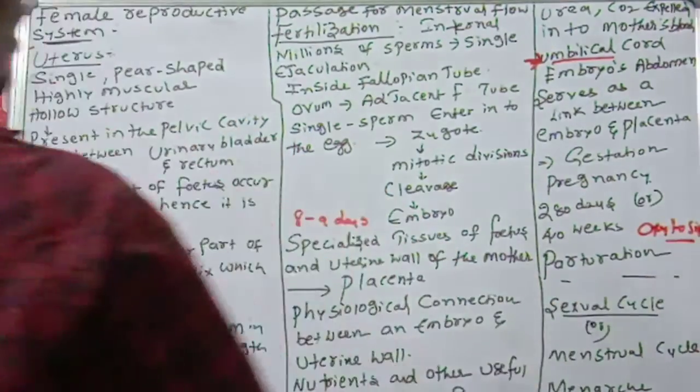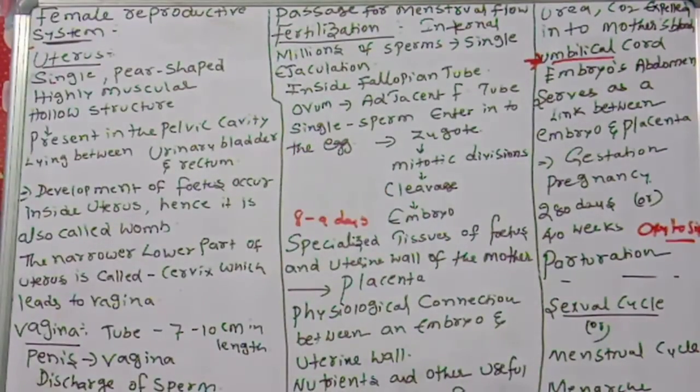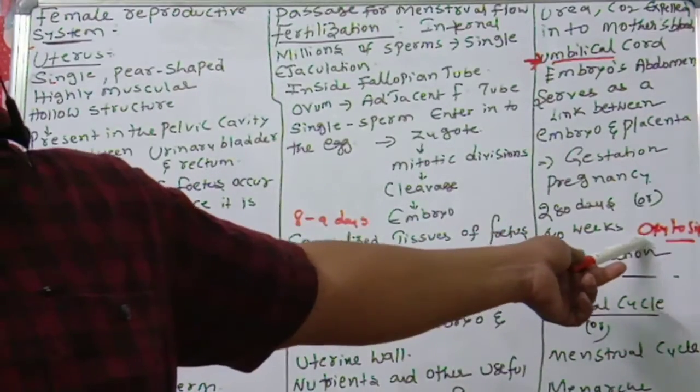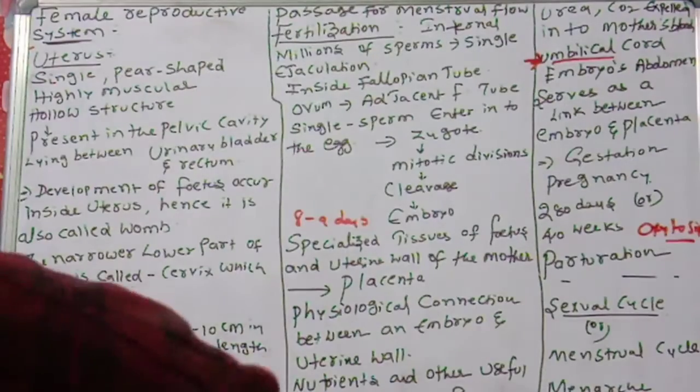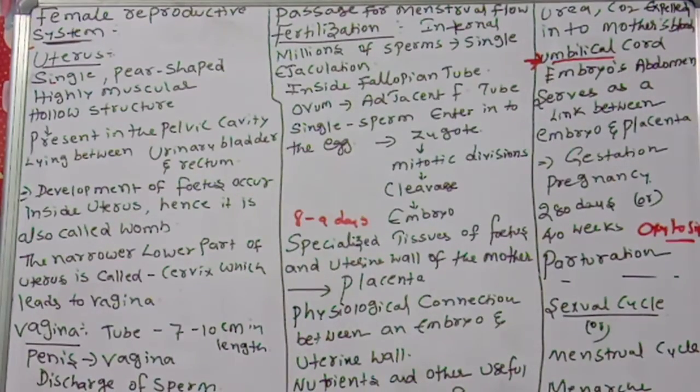Oxytocin is very useful at the time of parturition. It creates the labor pains, and the pains expel the fully developed fetus from the uterus through the vaginal canal. That is because of the hormone oxytocin.